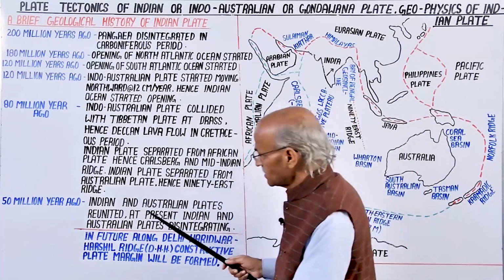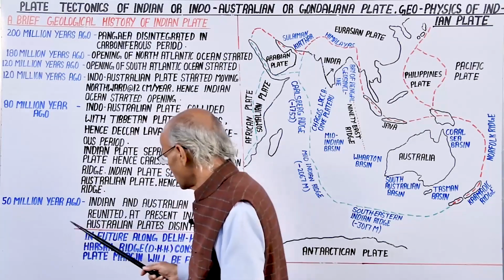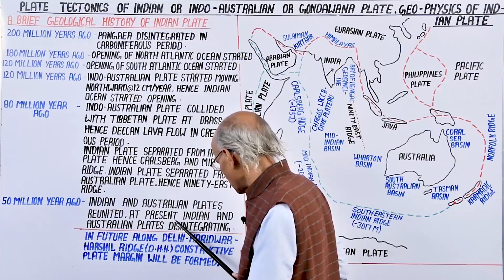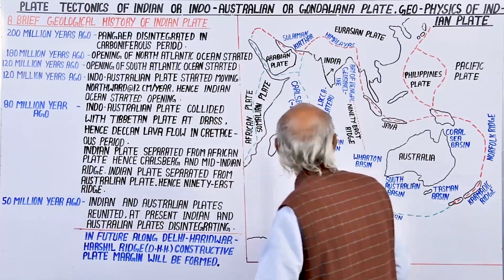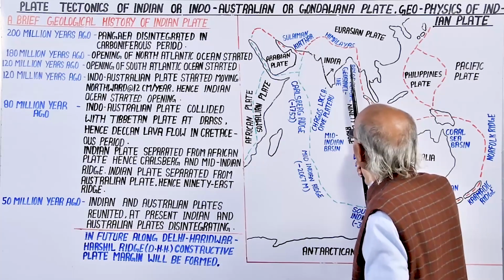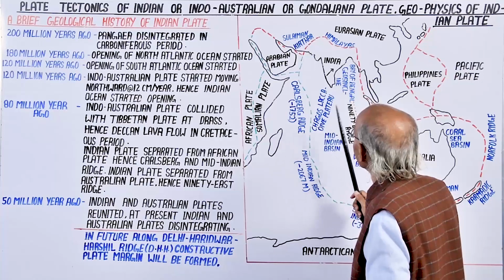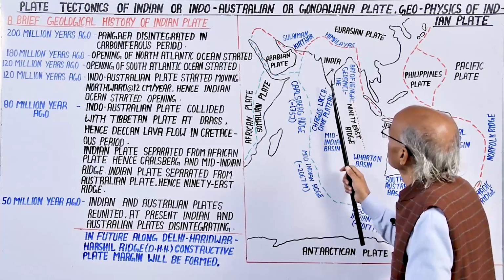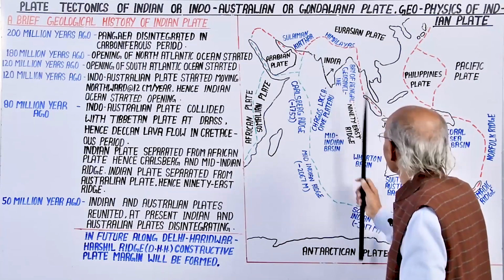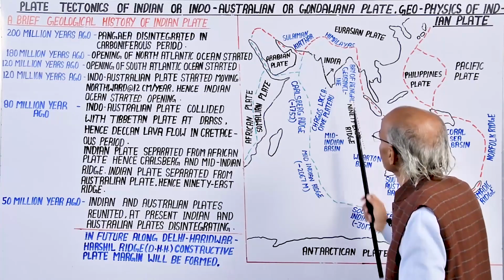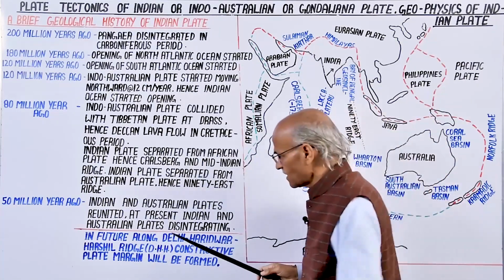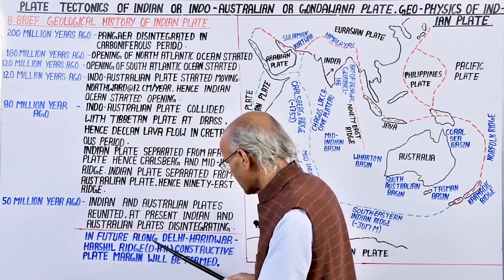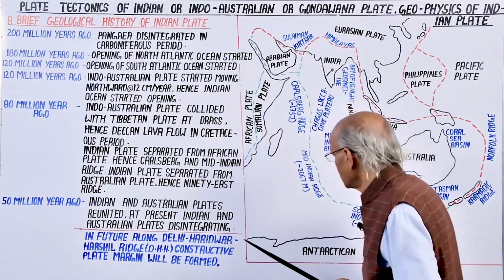Now let us reach 50 million years ago. Indian and Australian plates reunited at present. Reunited means once there was a fracture here, but 50 million years ago this fracture was filled by the joining together of this Indian plate and Australian plate. Means there was no tectonic rift or line, but today at present the Indian and Australian plates are again disintegrating.